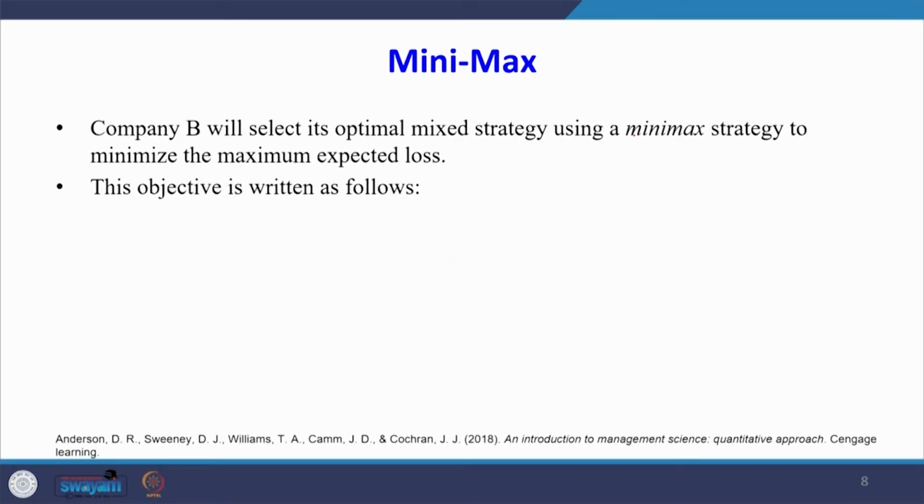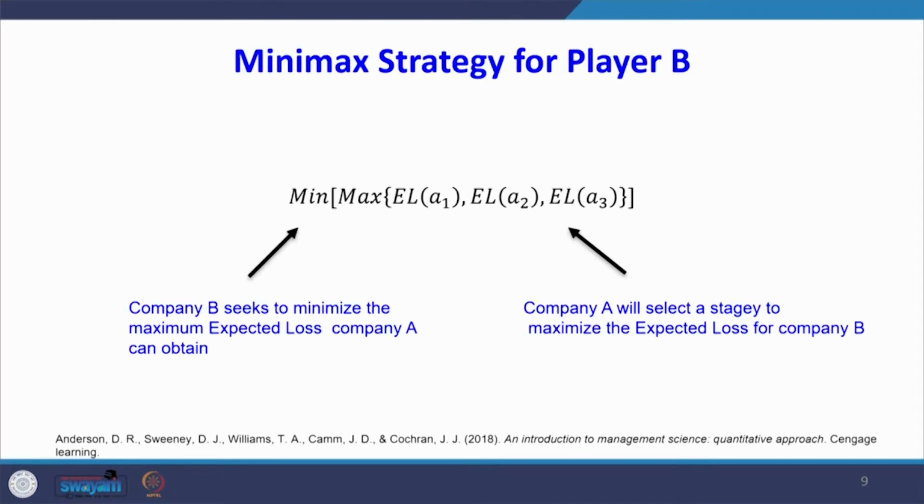Company B will select its optimal mixed strategy using the Minimax strategy to minimize the maximum expected loss. So, the objective function is written like this: minimizing the maximum loss. In this portion, company A will try to maximize the loss of company B, but company B will try to minimize its loss because it is Minimax.